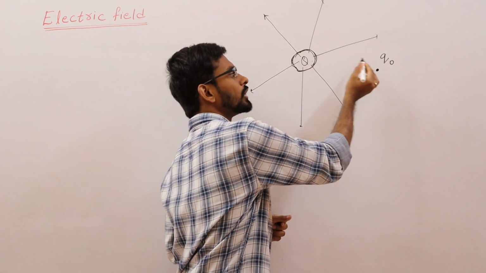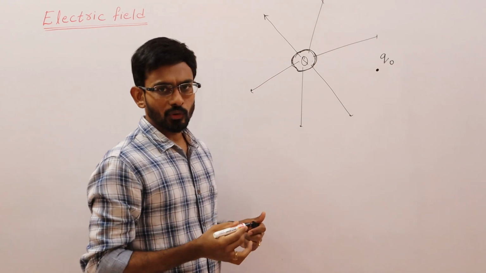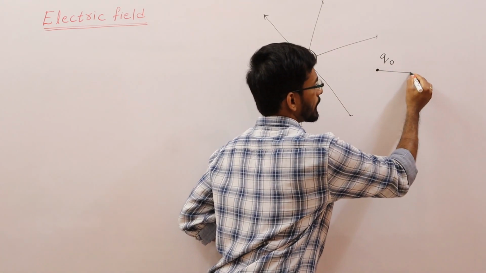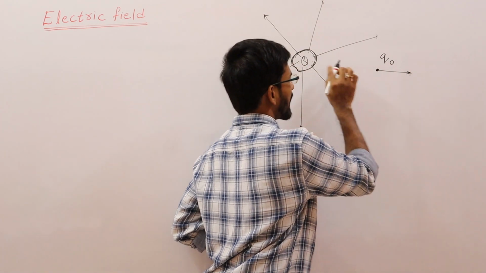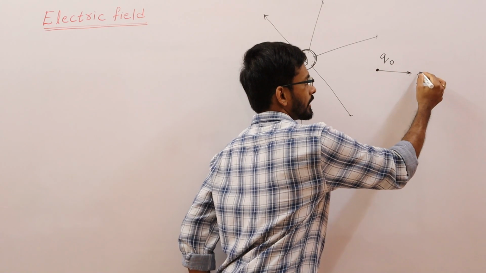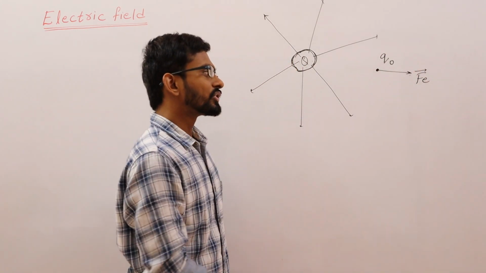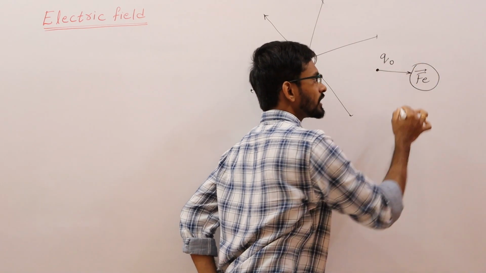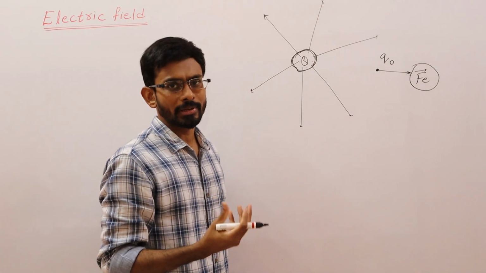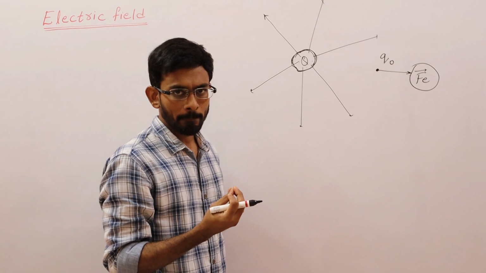Now using Coulomb's law, we can find the force of interaction between these two charges. Let us say the force applied by this charge on Q0 is some Fe bar. If this force is strong, the electric field strength will be strong, meaning its influence is strong.